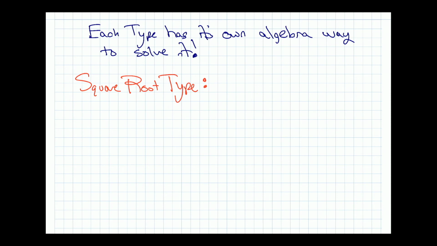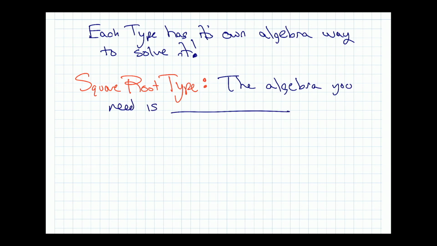So the algebra you need is multiplying by the conjugate. Okay, that's what you need.